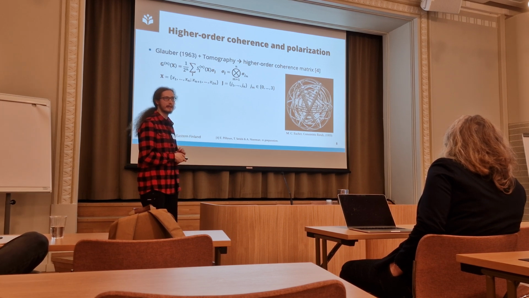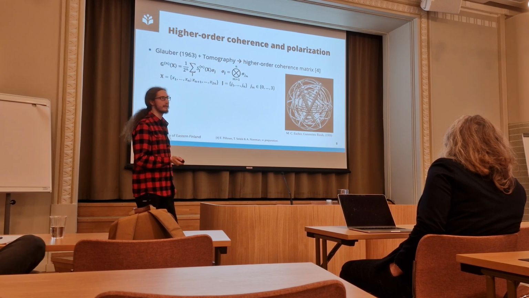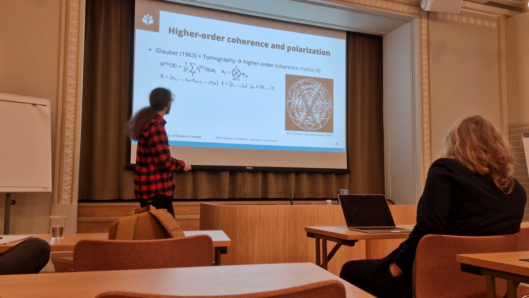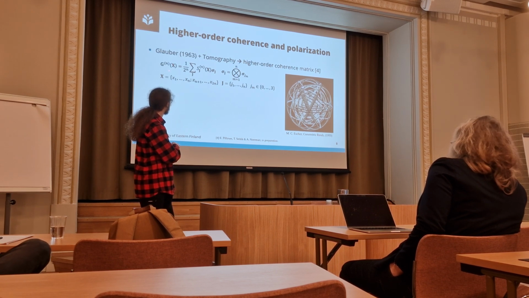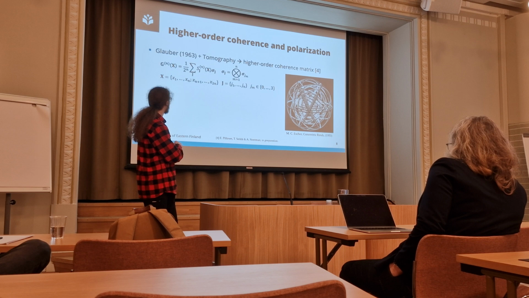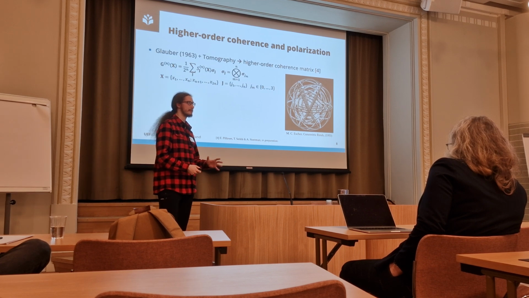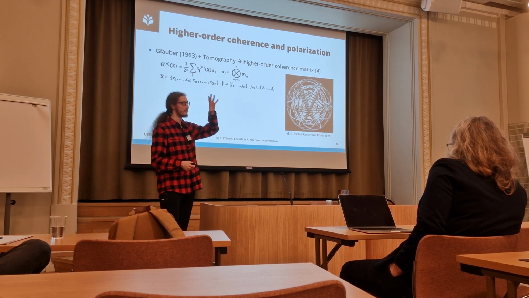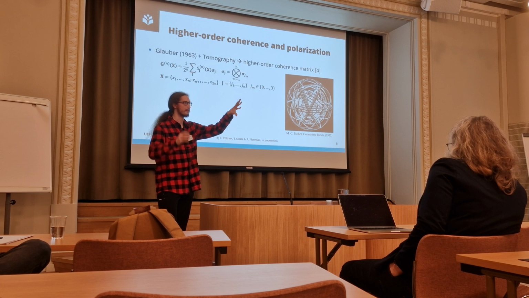And similarly, as in the first order case, the higher order coherence matrix is connected with higher order Stokes parameters between 2 sets of endpoints. So it describes the coherence properties between a set of endpoints and another.